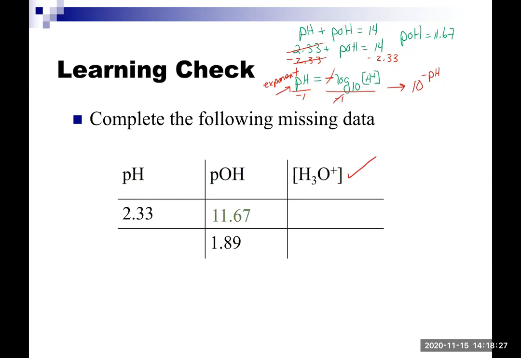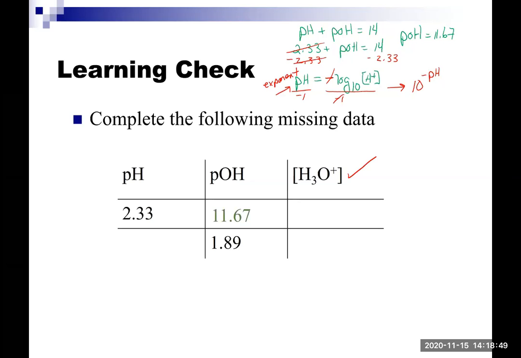That comes from our pH, not our pOH. And we put in the exponent 2.33 and hit the plus minus key so that we get the negative exponent. Then we hit second log, and that gives us our concentration of H3O plus.